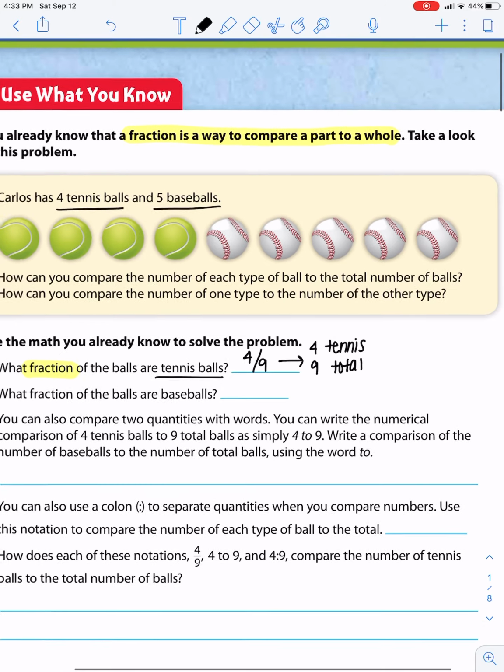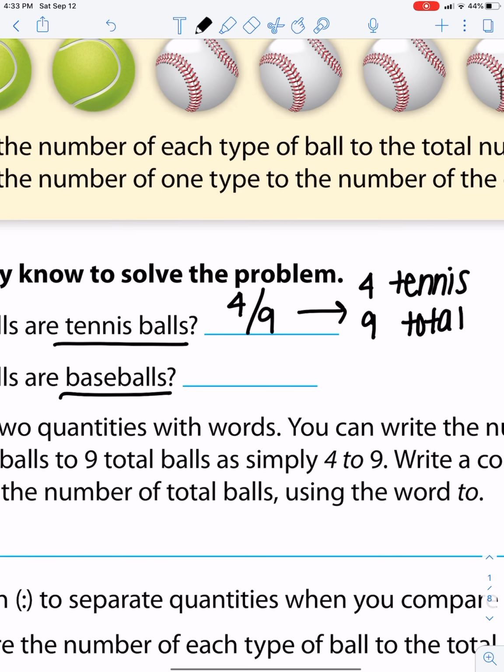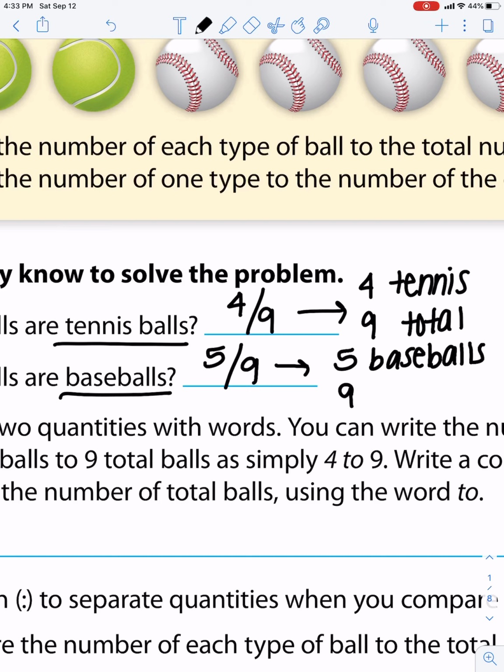All right? The second question says, what fraction of the balls are baseballs? Again, I know that I have 5 baseballs out of 9 total. So the 5 represented the baseballs and the 9 represented the total number of balls.